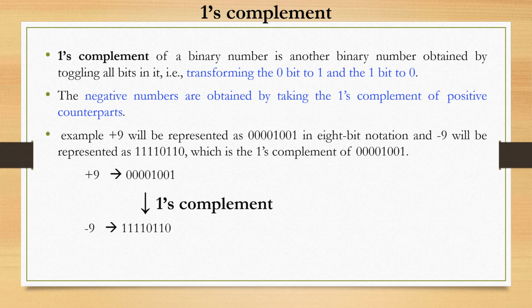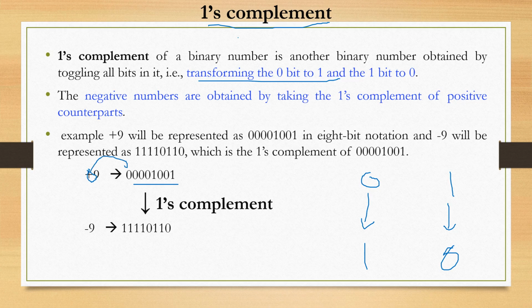So how do we calculate the ones complement first? In a ones complement, you just transform the 0 bit into 1 and the 1 bit into 0. For example, plus 9 is represented using 1001, the remaining bits are 0, and because it is a positive number, the most significant bit is 0.